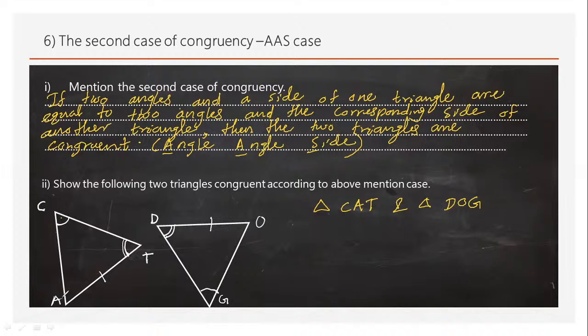So we can take angle ACT equal to this one ring, angle DGO.